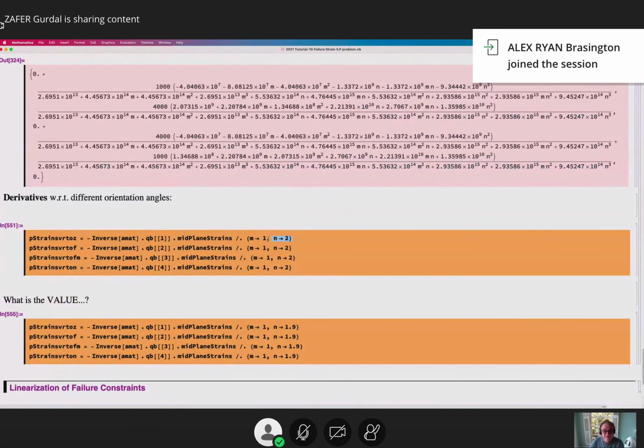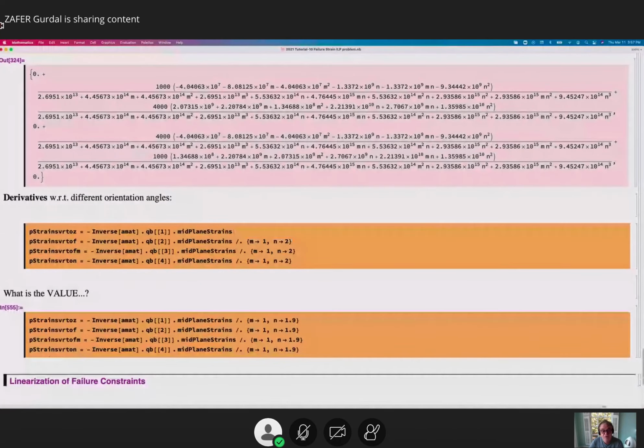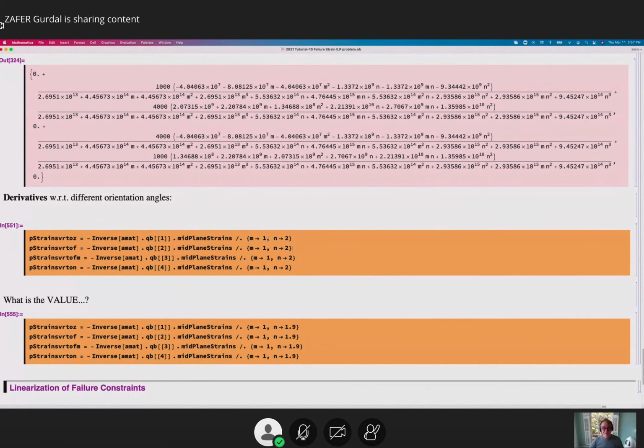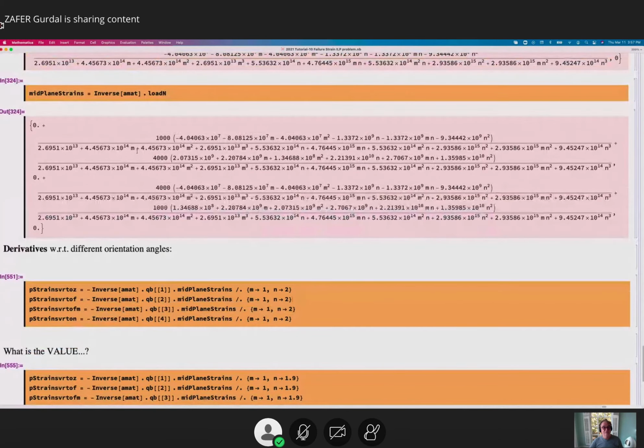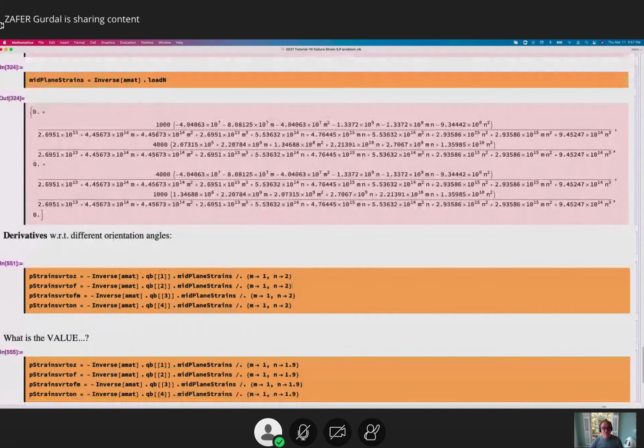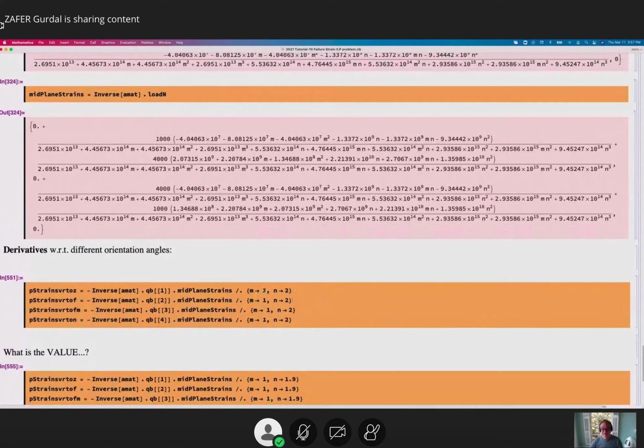Why these two lines are repeating themselves, I don't know. Oh, I know. I just wanted to show that, though the strains are here, let me do this first without evaluating at a particular value of m and n. So midplane strains are here.